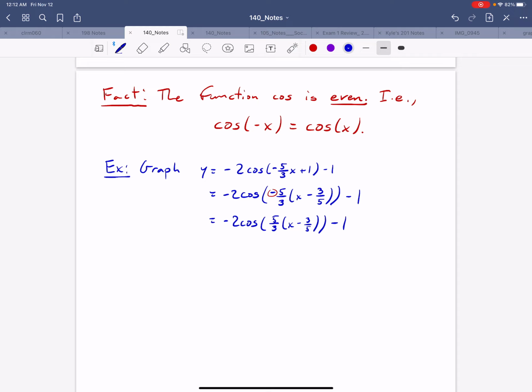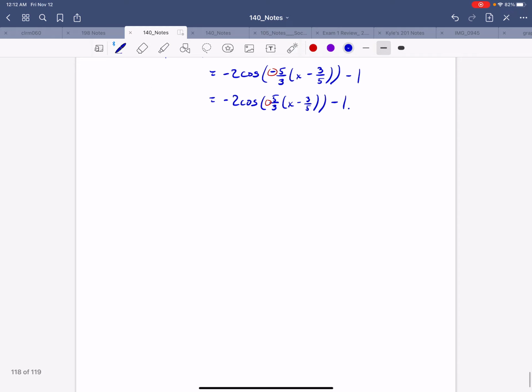If we had just changed it to 5/3 x plus 1, that wouldn't have quite been right, because the negative sign would have been off. So we have to keep it like this. Note that the negative went away. All right, so now we can go ahead and sketch our curve.